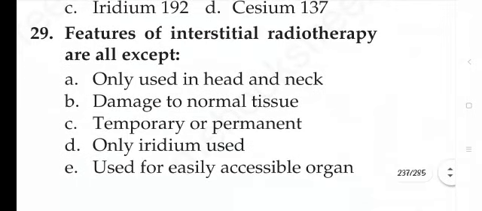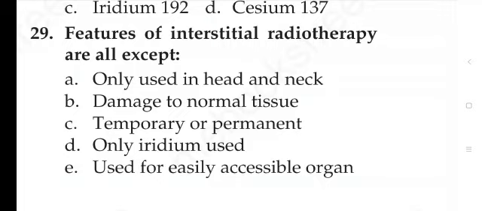Next question, features of interstitial radiotherapy are all except. So options are option A only used in head and neck, option B damage to normal tissues, option C temporary or permanent, option D only iridium used, and option E is used for easily accessible organ.